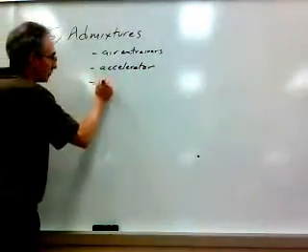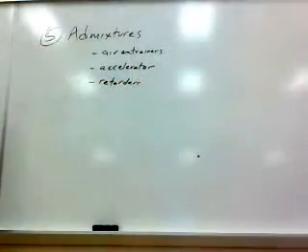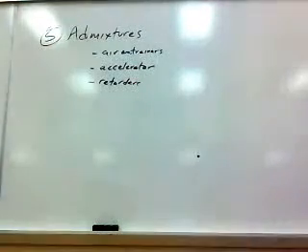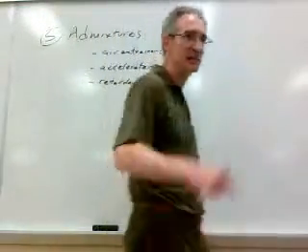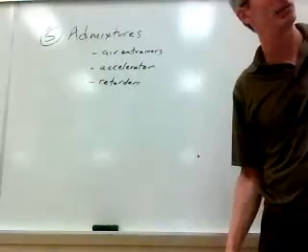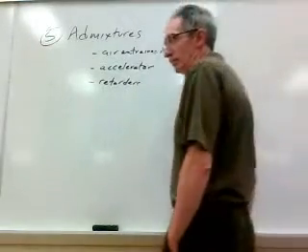So, the flip side of that, we've got a class of certain admixtures that people will refer to as retarders. A retarder would just be the flip side of the accelerator. Something that you can put in concrete to slow the reaction down.